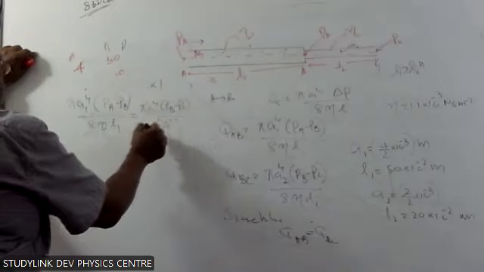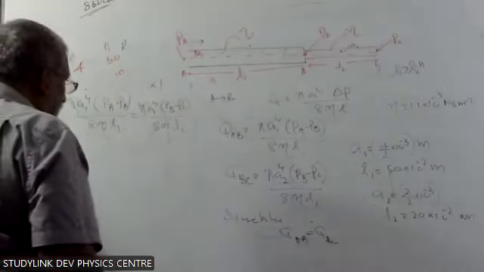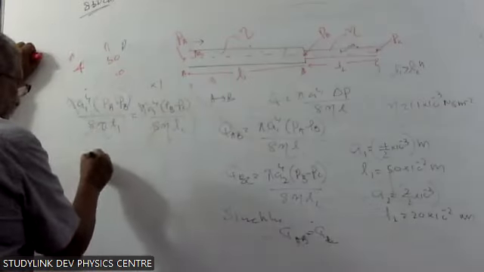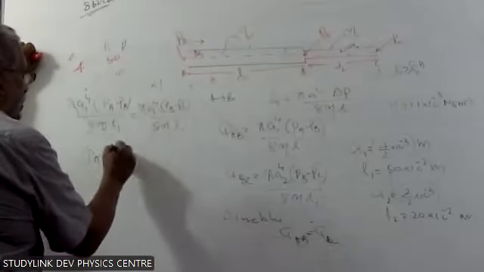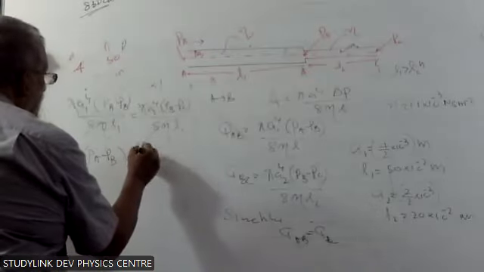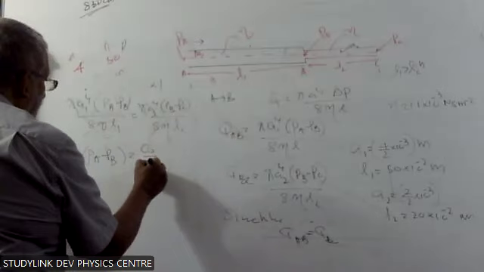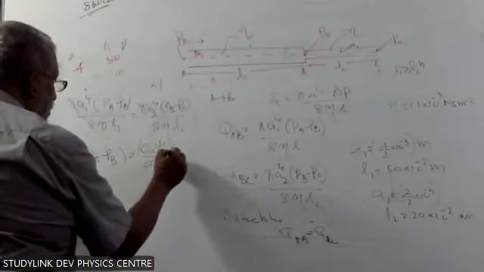So as I did earlier, you can cancel this off. And finally, you get the equation PA minus PB is equal to a to the power 2 divided by a1 to the power 4, L1 over L2.